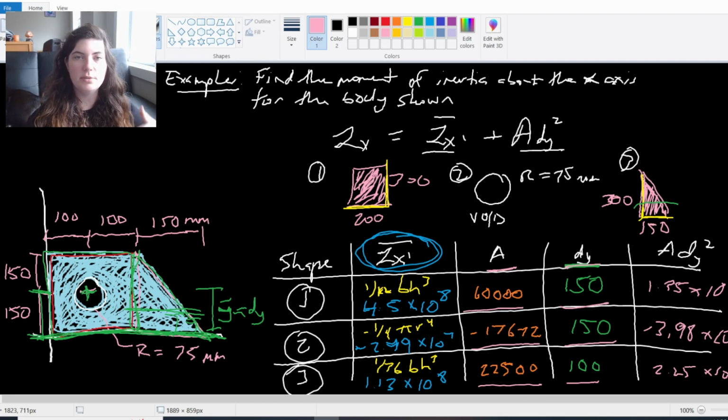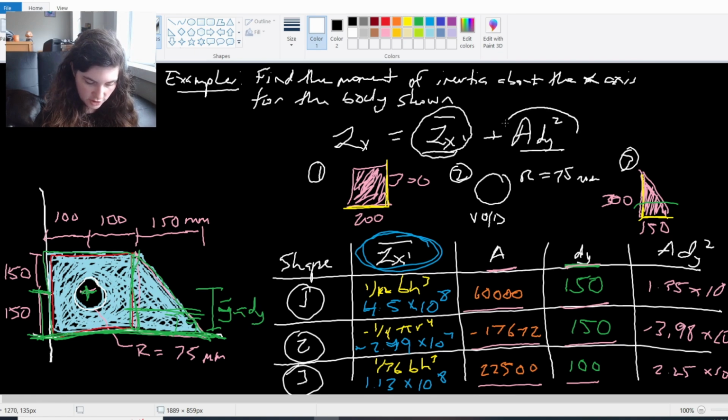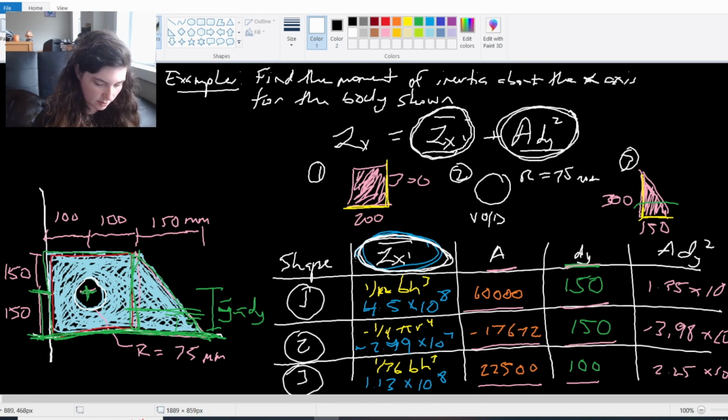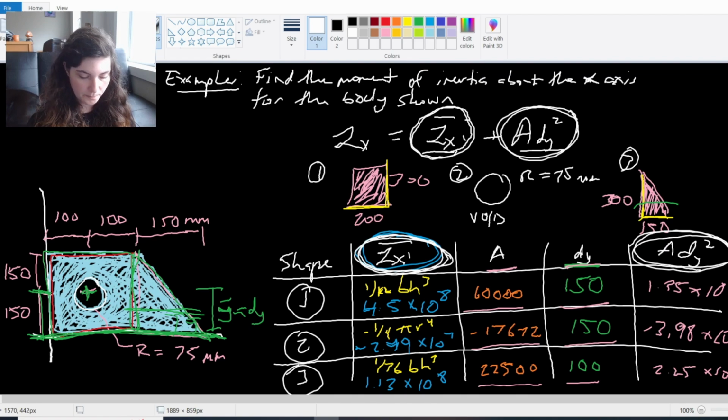My very last step is just to add these down the columns. The columns that I need are just my first and last column, because those are my first term and my second term in my equation. So I just need to add everything in the first column, everything in the last column, and then add those together.